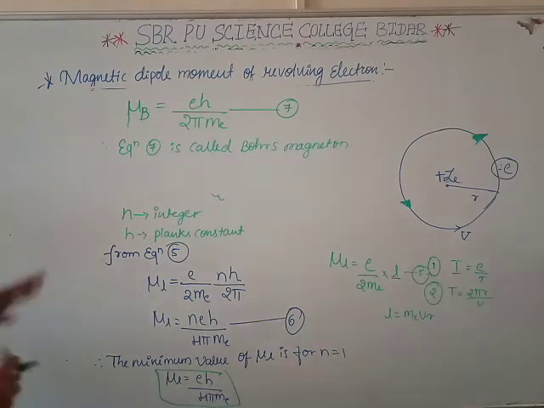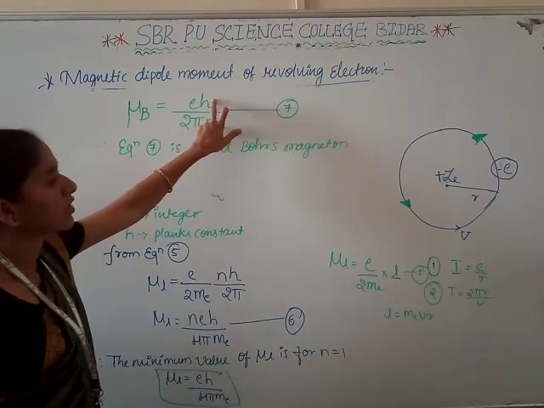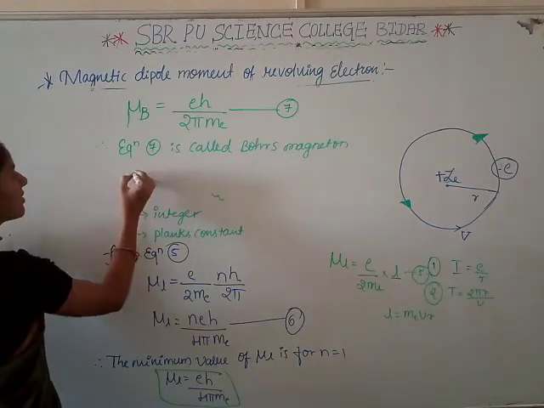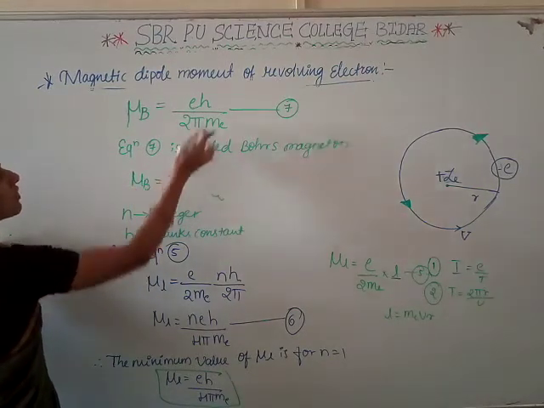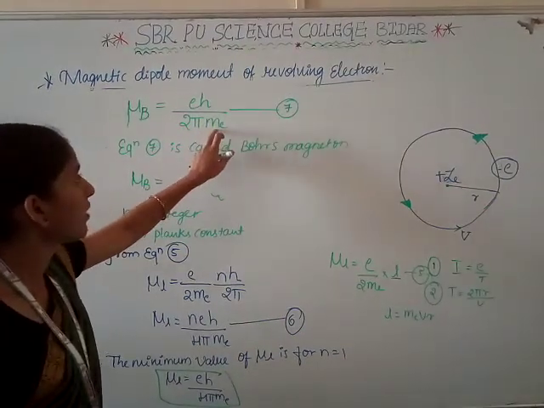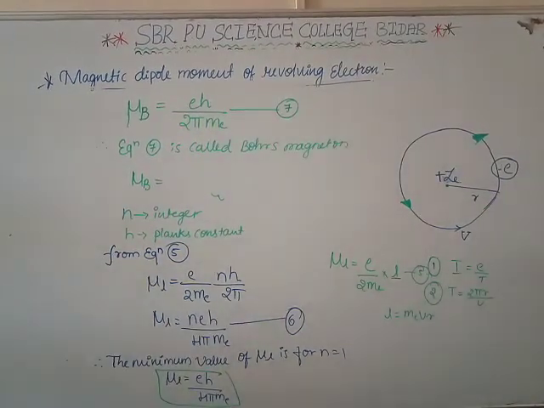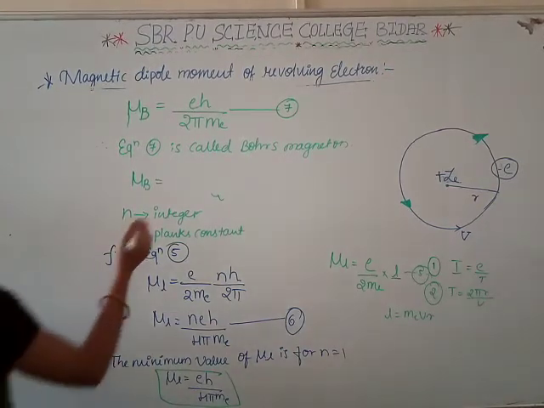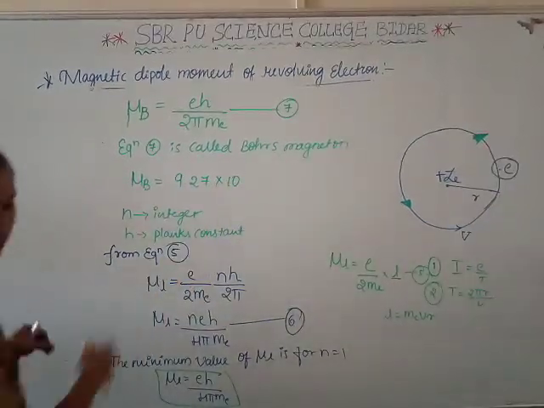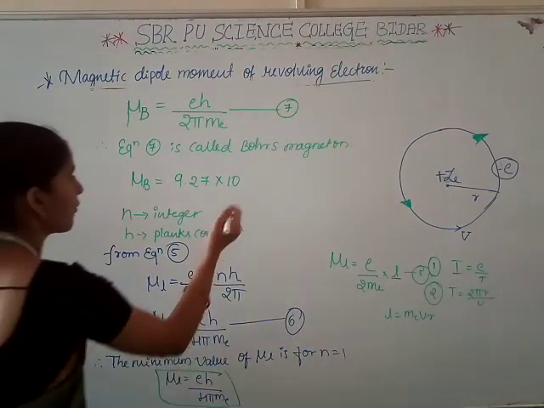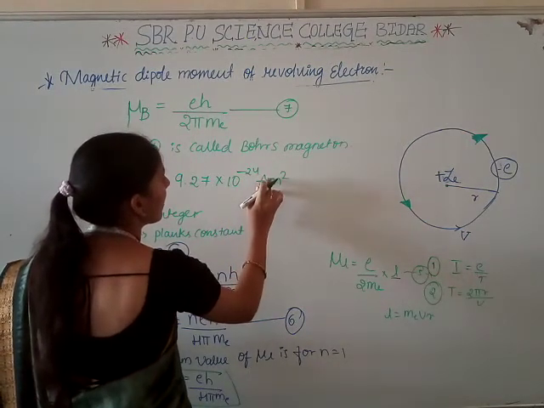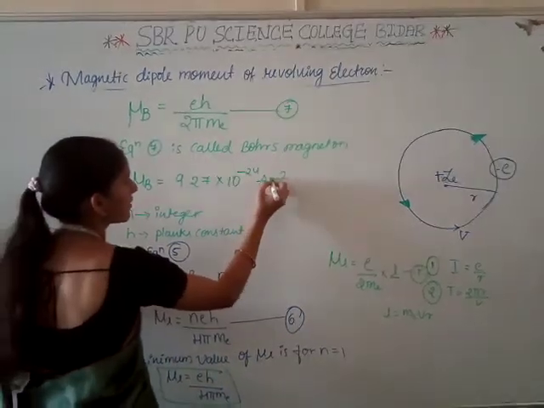If we put the values of the electron charge, Planck's constant and mass of electron, that is mu B is equal to, after putting the constant values, we get 9.27 into 10 to the power of minus 24 ampere meter square.